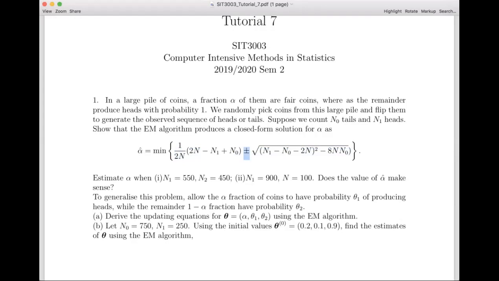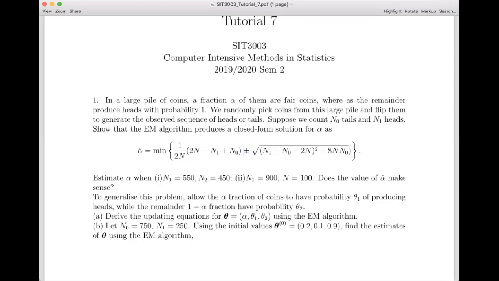over here, since you have a plus minus, right? Okay, you will take the smaller one. Okay, because, let me see this one here. I think apparently the larger one will actually cause you to have some value that exceeds 1, right?